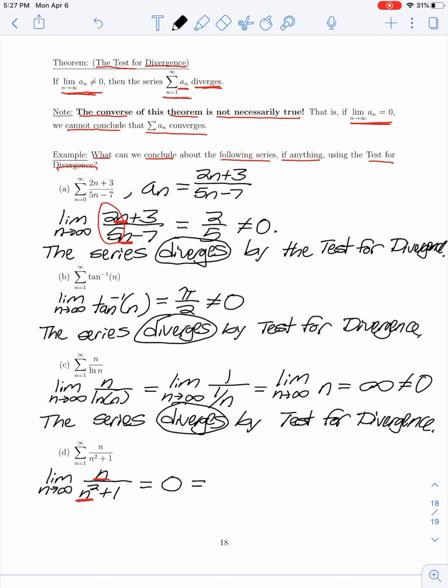Alternatively, we could apply L'Hopital's rule, and we would have the limit as n approaches infinity of the derivative of our numerator, which is 1, divided by the derivative of our denominator, 2n, and as n becomes large, 1 over 2n tends to 0. So either approach we want to use there, we get a 0 value for our limit. So the question is, does that mean that this series converges?